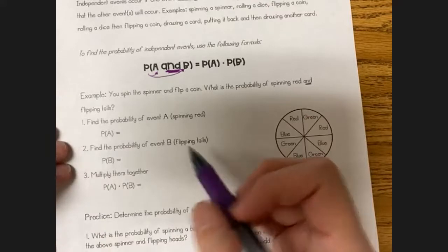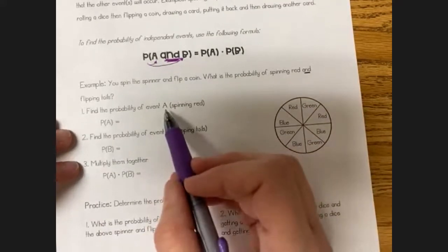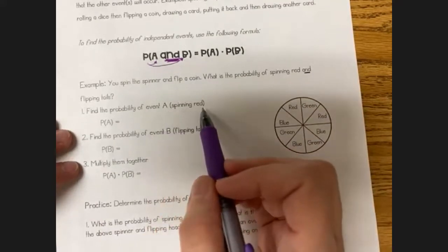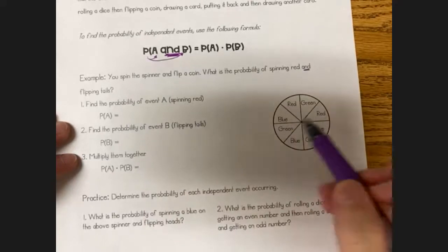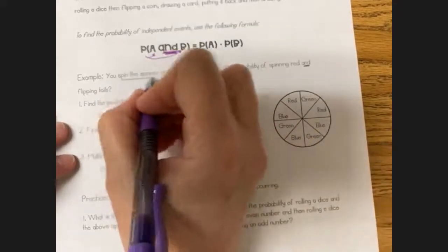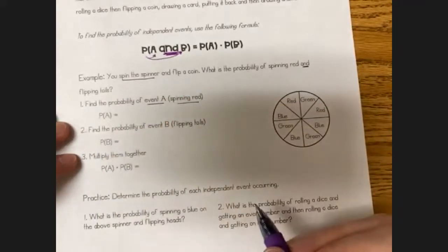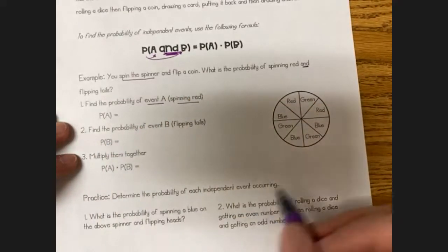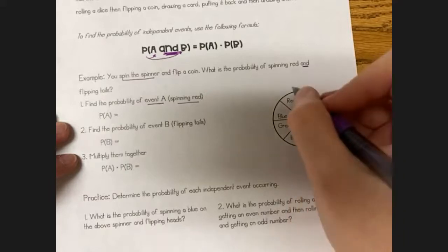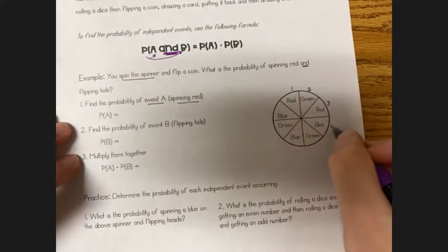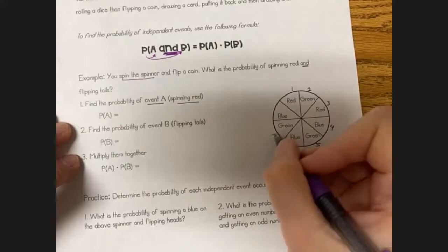So first I'm going to find the probability of event A, which is spinning the red. So I go over to my spinner over here and I say, what is my probability that I'm going to spin a red on the spinner? And so on the spinner over here, I have 1, 2, 3, 4, 5, 6, 7, 8.